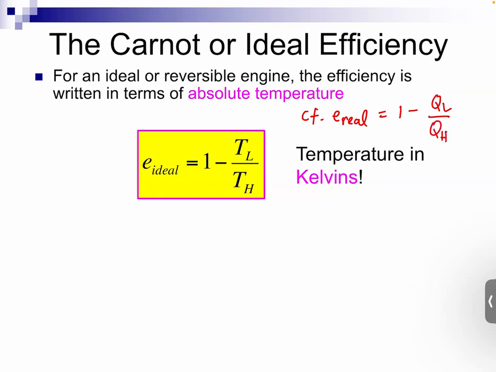Right, so for the efficiency of the real engine or the irreversible engine that we saw yesterday, the efficiency is calculated from the energies expelled as heat waste to the cold sink, the energy expelled as waste to the cold sink divided by the energy drawn from the hot reservoir.